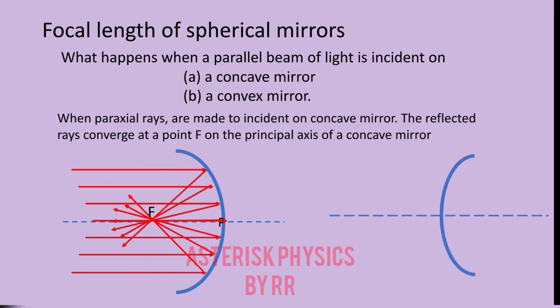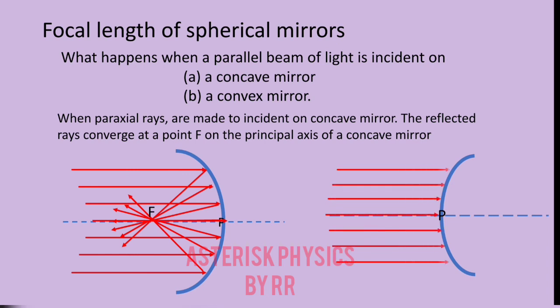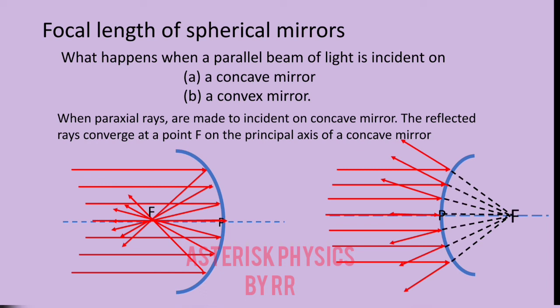Similarly, in the case of a convex mirror, what happens? Let us see. After reflection, those reflected rays seem to be coming from a single point F on the principal axis, and that is termed as the focal point of the convex mirror.